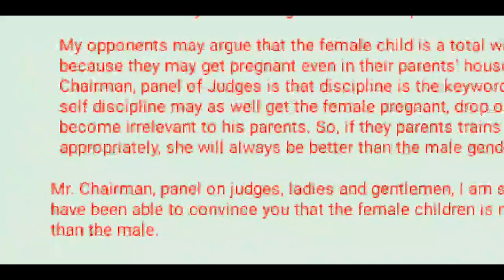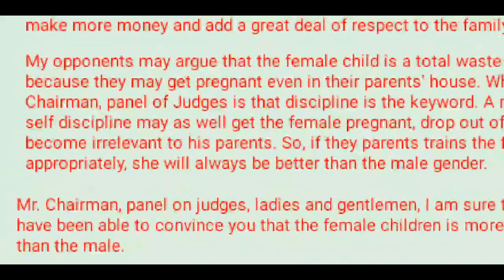So what we see in this fourth paragraph is that the writer has anticipated his opponent's point, and then the writer has presented a superior point. The writer anticipates that the opponent may say that the female child is not beneficial to the parents because at some point they would get pregnant.